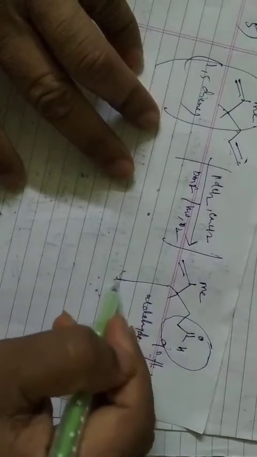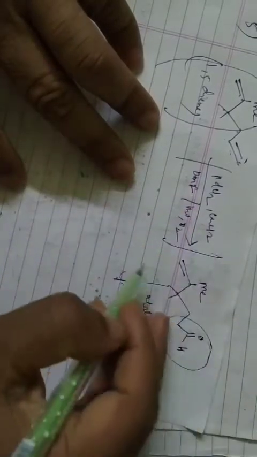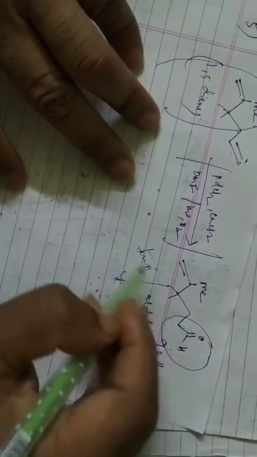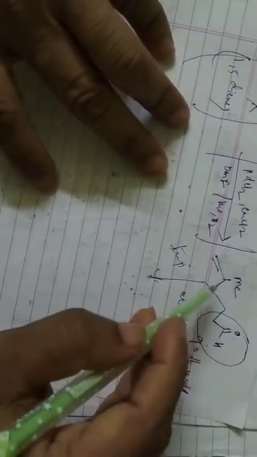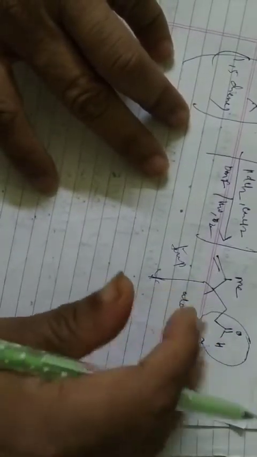And no doubt, with more drastic conditions, like in the previous example we have seen with temperature and refluxing, we are going to get the diketones, but the major product in this case after mild oxidation is the aldehyde.